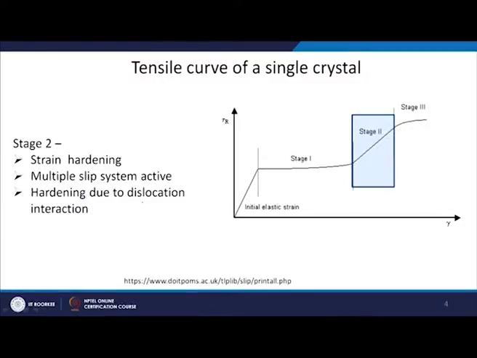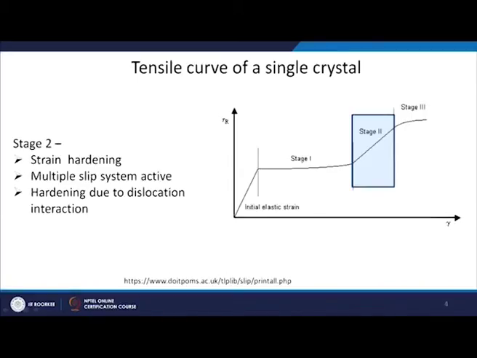So, it is giving a response in the form of higher stress required for deformation. This is hardening due to dislocation interaction. As I told you, multiple slip systems become active after a certain point, and that is because of crystal rotation.